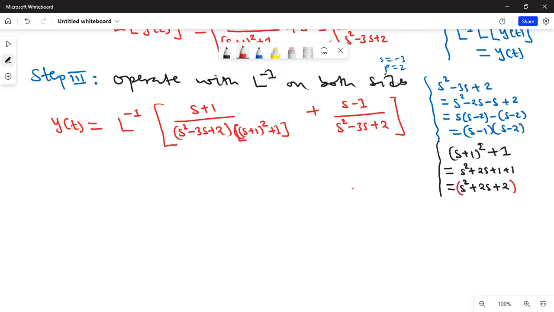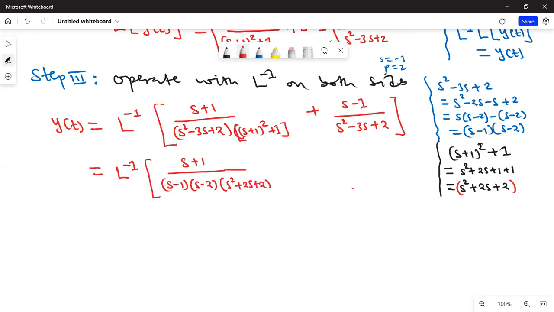Quadratic factor. So I can as well write this as L inverse of S plus 1 over S minus 1, S minus 2 times S squared plus 2S plus 2.